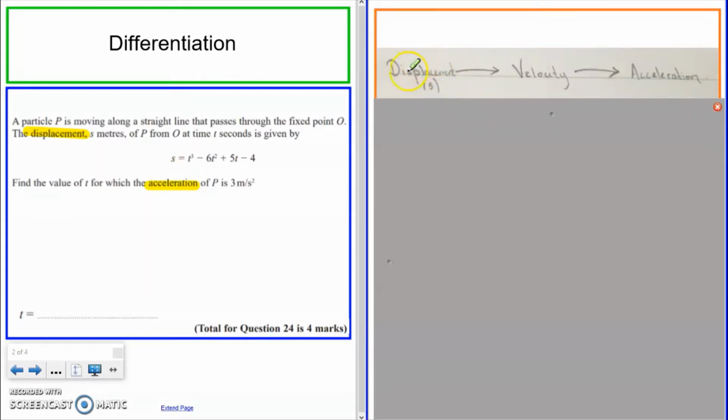In the question, we are given a displacement, S, and we should know that if we differentiate a displacement, we will find the velocity. And if we differentiate the velocity, we would then find the acceleration. So we're going to take this bit of algebra and we are actually going to differentiate it twice.